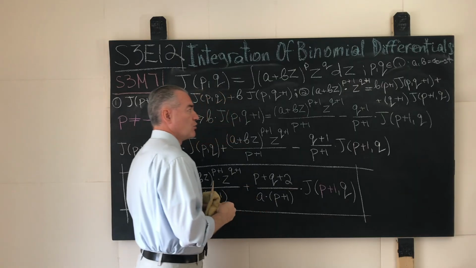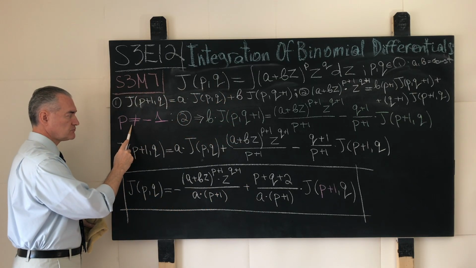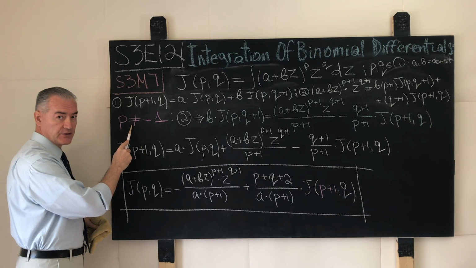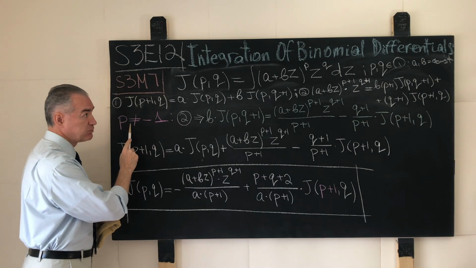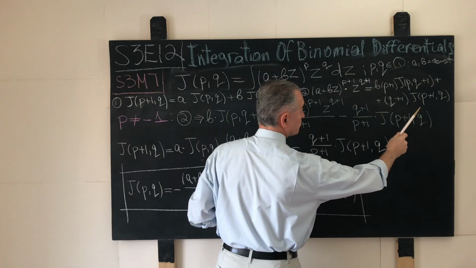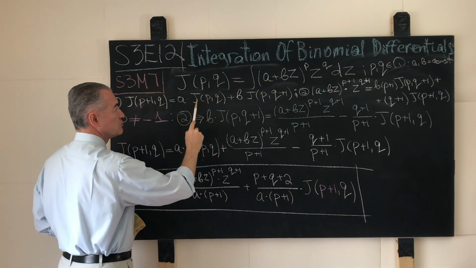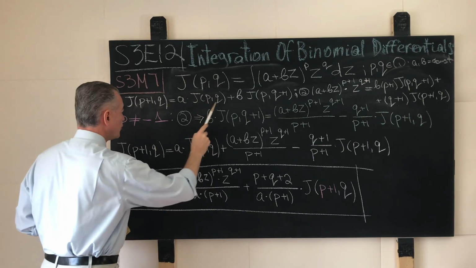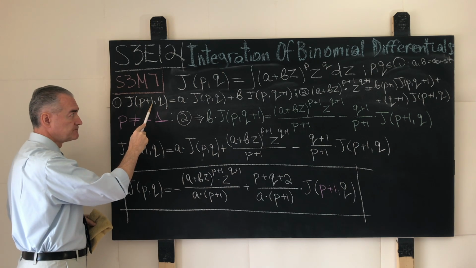So now what we want to do first is assume that the number p is definitely not 1. Definitely not 1. Why? Because we will be dividing by p plus 1 in this case. And what does that mean? That means that we want to express our integral J of p and q in terms of the integral J of p plus 1, q.